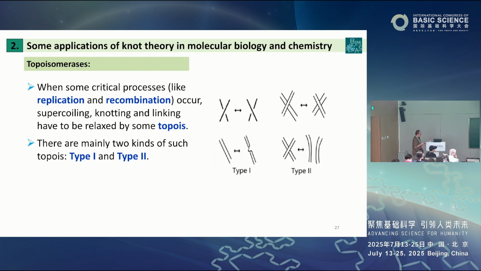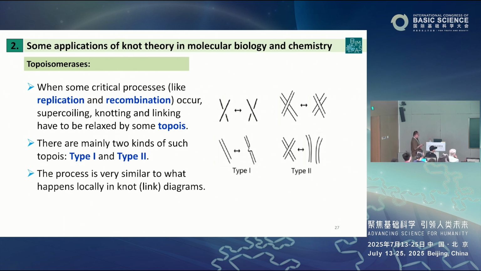In type 1, just one strand is cut and glued. In type 2, the two strands are cut, but the glue may be done in a different way. So this is one way, cut and glue, and this one, cut and reglue in another way. The process is very similar to what happens locally in knot or link diagrams.